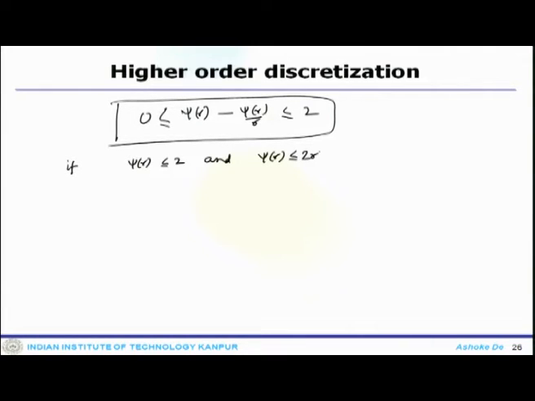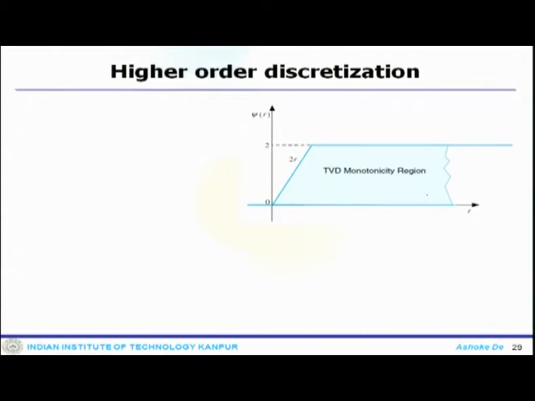So, combining all of this to produce a TVD scheme, a criterion similar to that of CVC or CBC can be developed, where one can write psi r equals the minimum of 2r and 2 when r greater than 0, and 0 when r less than or equal to 0.